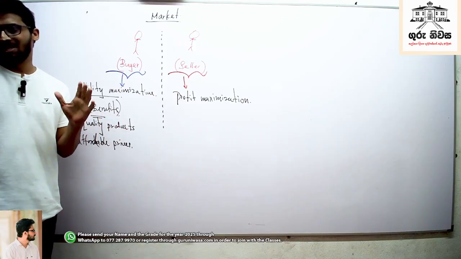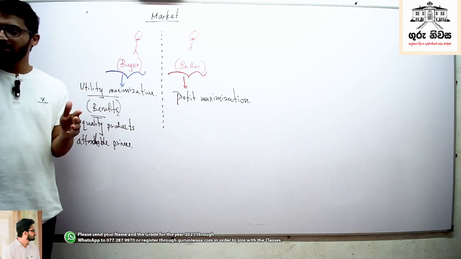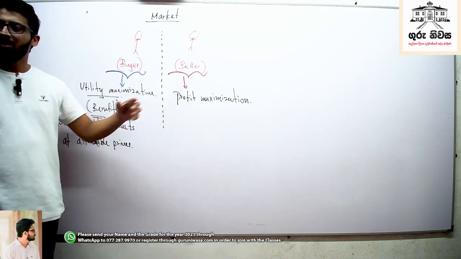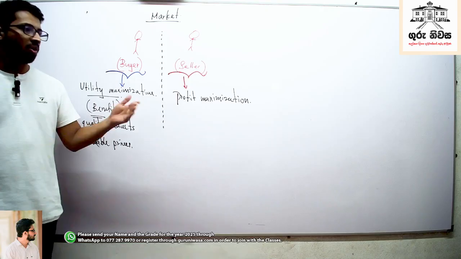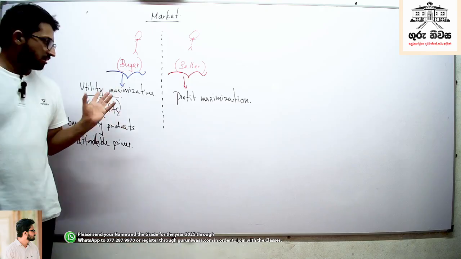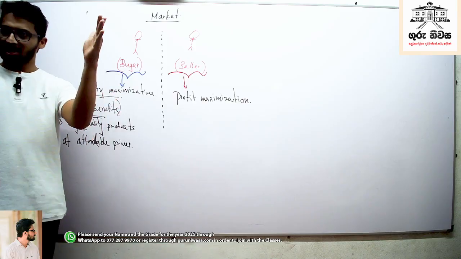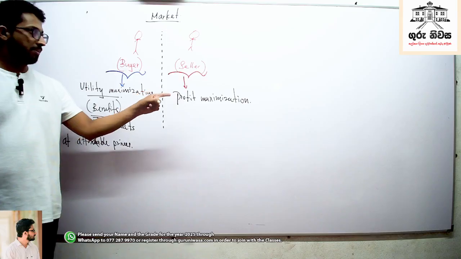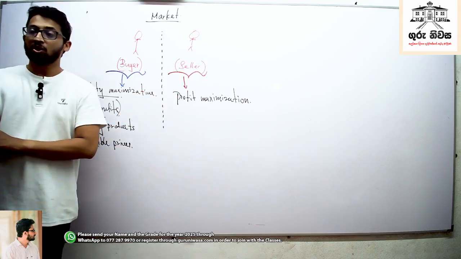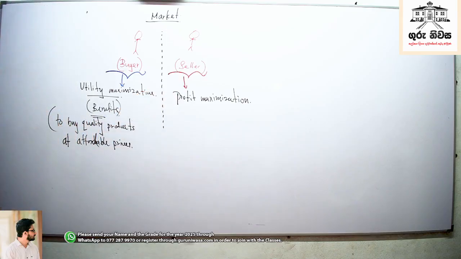We expect products at a lower price, but the producer wants to sell more for more profit. We want to see a reduction in price, but the producer wants to charge a higher price, expecting more profit. So the objectives of consumers and the objectives of sellers are totally different. They want something, but different.